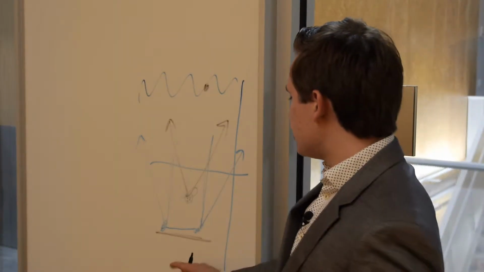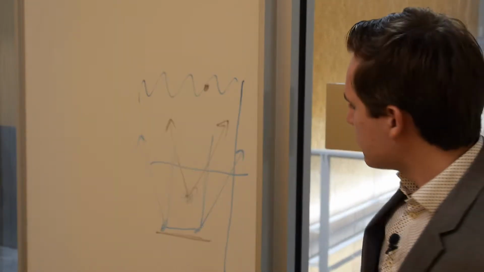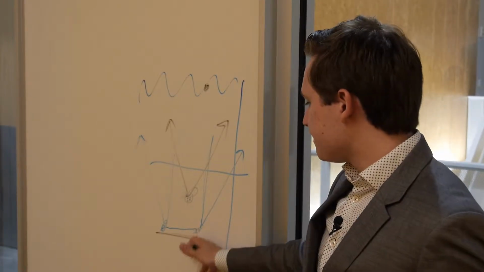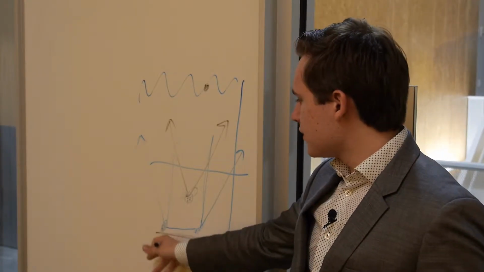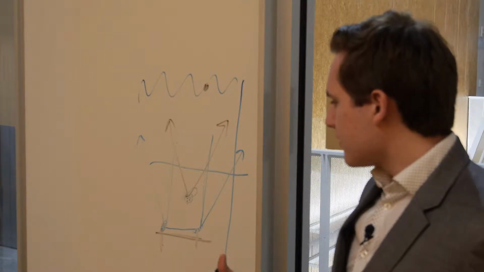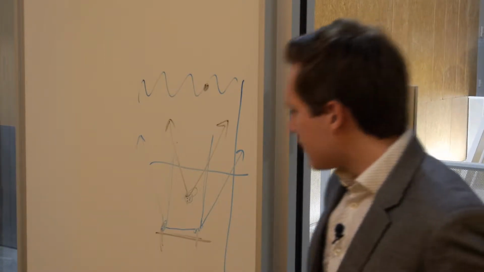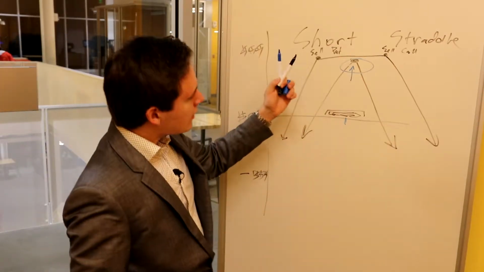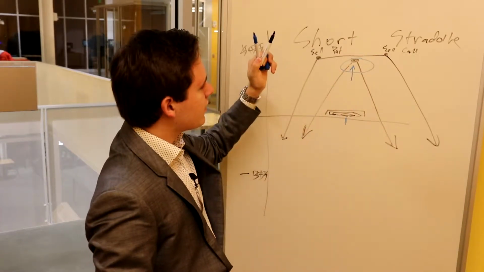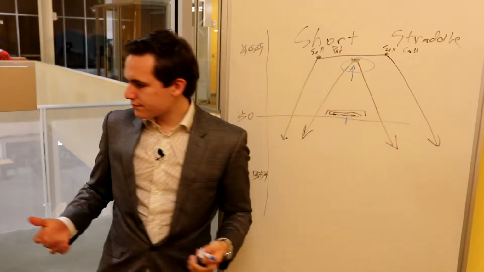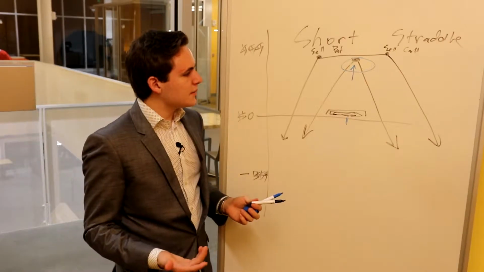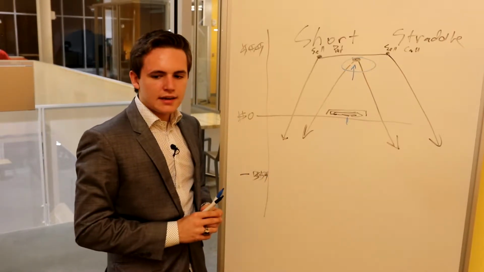Again, we just went over the long straddle, so you're just buying your call and buying your put right here, and there you go. That's the strategy. And again, here you're selling a call and you're selling a put. So cool stuff. And that would be how you would set that up.